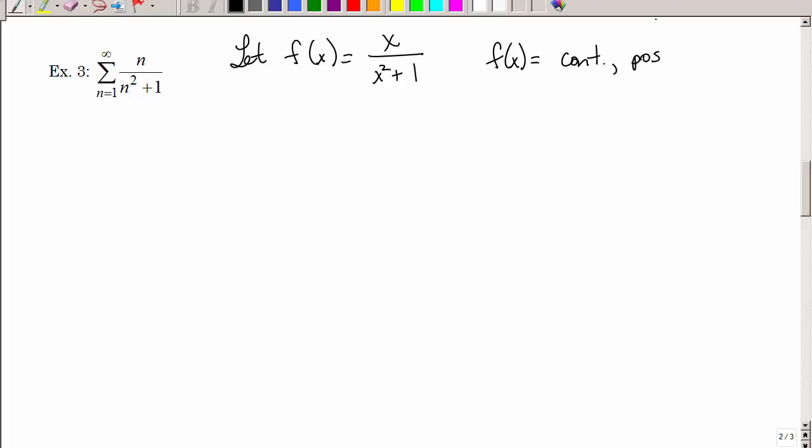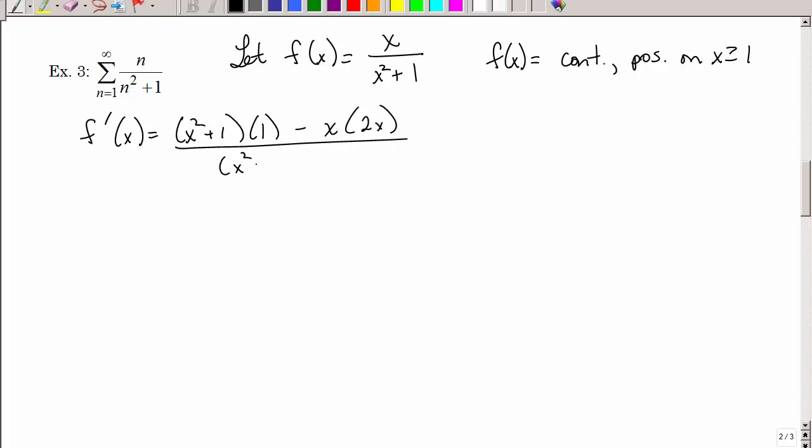And why is it continuous? Because there's no vertical asymptotes. That domain is all real numbers. It's positive because all of our x values are positive. Okay, and then I'm going to ask you to show that it's decreasing. And I'm going to do that by taking the derivative. So the bottom times the derivative of the top minus the top times the derivative of the bottom over the bottom squared.